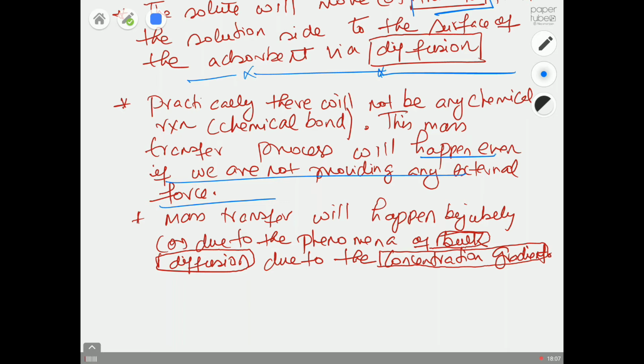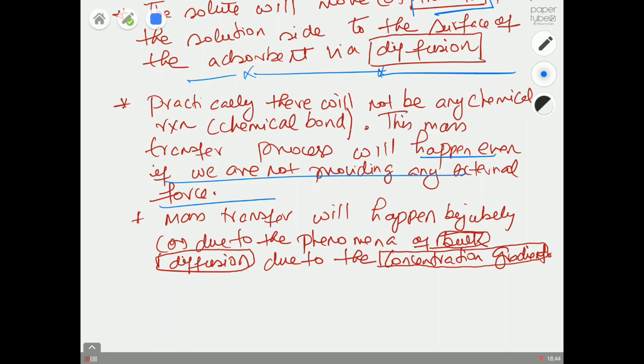What I mean is you have a solution with protein, and if you add adsorbent, even if you don't provide agitation, or some external energy to maintain a level of temperature inside the reactor, if you just have that concentration gradient, diffusion will proceed immediately, and your solute will start to move from the solution side to the adsorbent side.